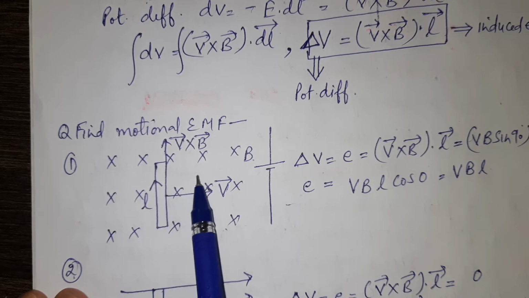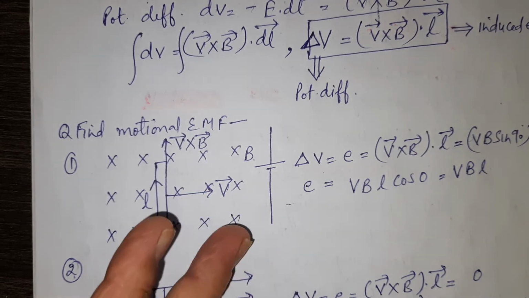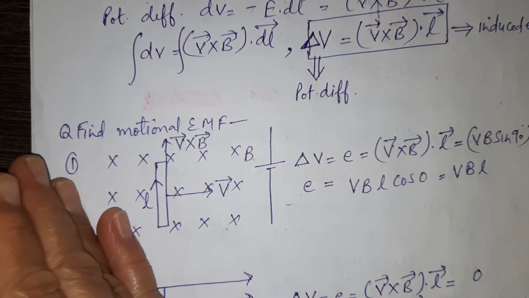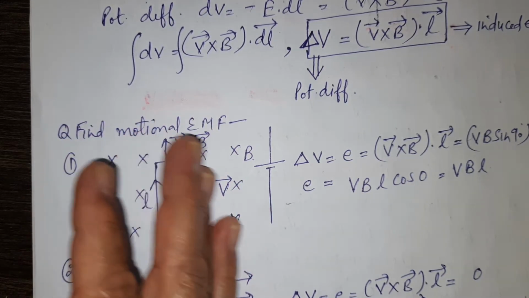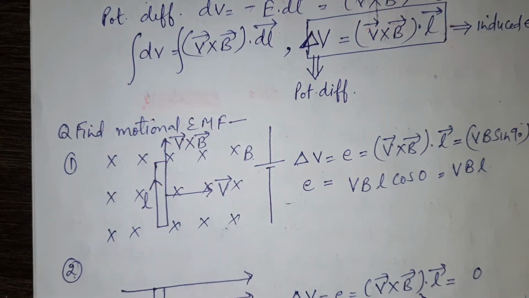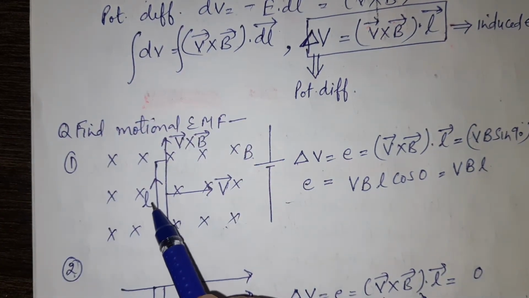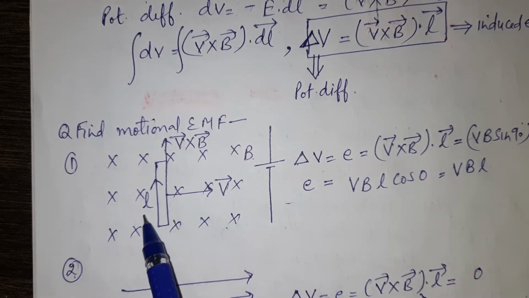Velocity and magnetic field are perpendicular to each other. So from velocity to magnetic field, V cross B will be perpendicular to V as well as B. So this will be along this side, V cross B. And this is the length. So V cross B and the length of the conductor are on the same side.